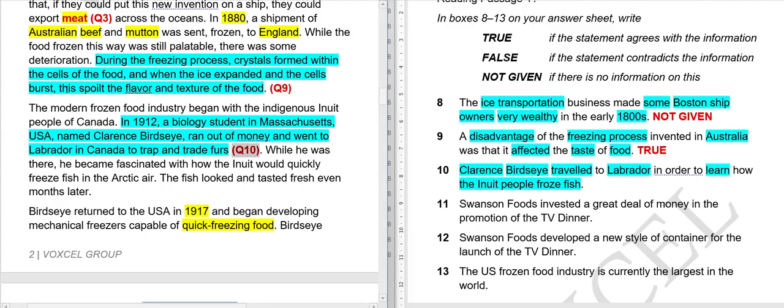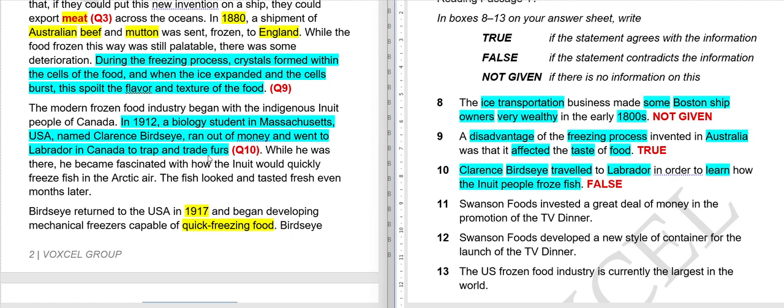Okay, time's up. And the correct answer is false. Why? Because he didn't go there to learn this method, freezing fish. He went to Labrador because he wanted to trap and trade furs.